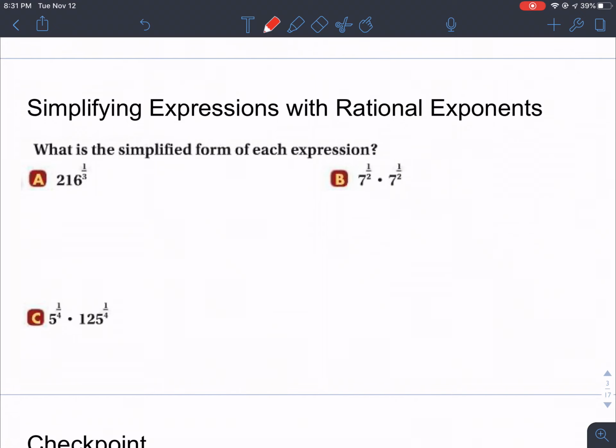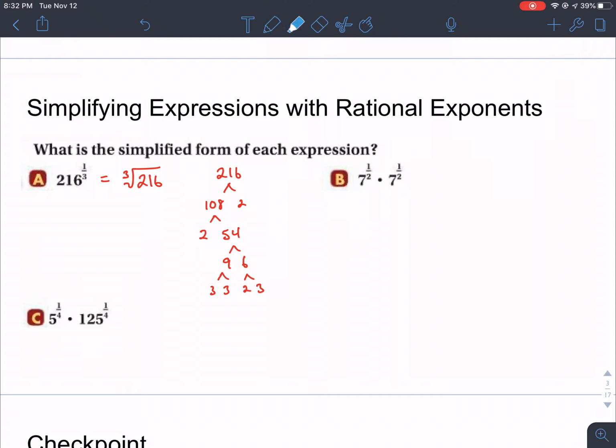All right, so let's simplify expressions with rational exponents. What is the simplified form of each expression? If we have 216 to the 1/3, keep in mind this is the same thing as the cube root of 216, which means we can do a factor tree here. 216 divided by 2 is 108. 108 divided by 2 is 54. 54 is 9 and 6. 9 is 3 and 3. 6 is 2 and 3.